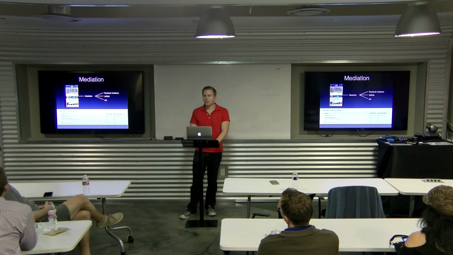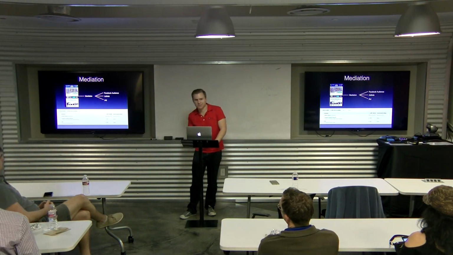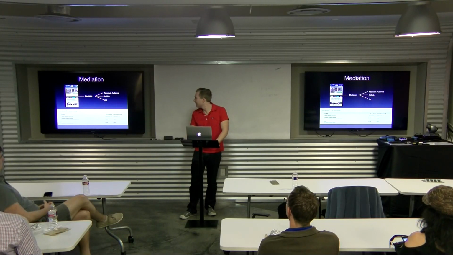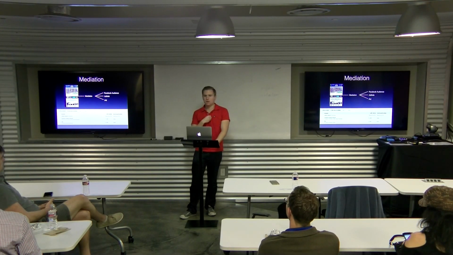This allows more real-time data to be used to determine which ad should be shown. We've had success using AdMob itself as our mediator. You can use other services such as MoPub. I've heard of AppNexus, some other ones, to act as a mediator.